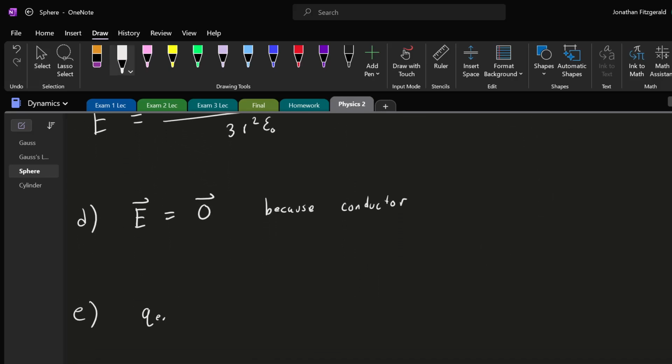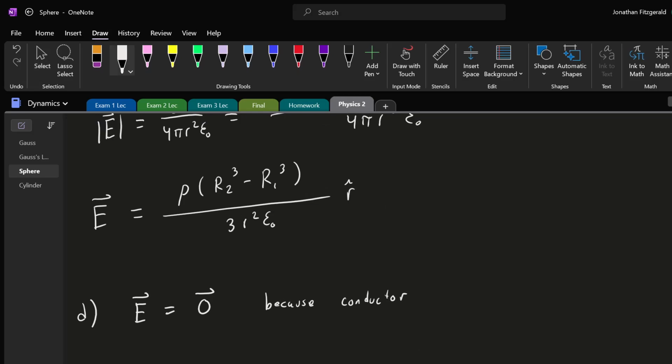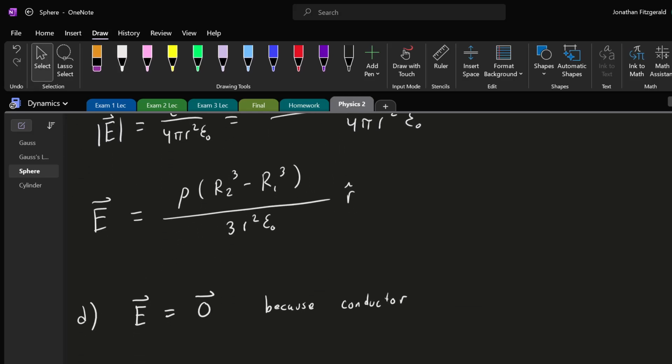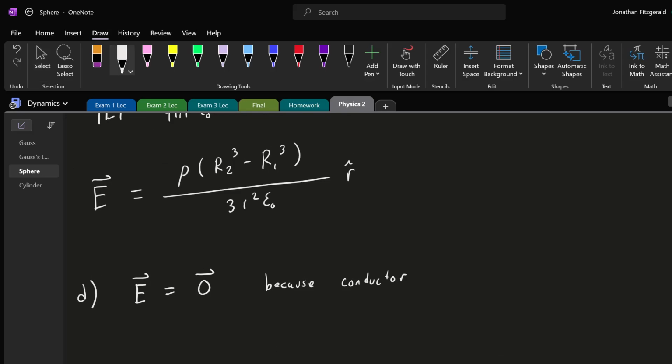Q enclosed equals, now we're still enclosing the previous charge from the last one over here. So we can just copy down that charge enclosed first: rho times 4/3 pi R2 cubed minus 4/3 pi R1 cubed. That part stays the same.